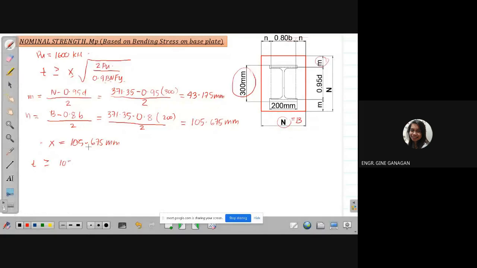So pag-solve nito, that is 105.675 with square root of, in mm tayo, 2 PU, that is 1,600 times 1,000 Newton ito over 0.9 times 371.35, that is in mm squared over 240.